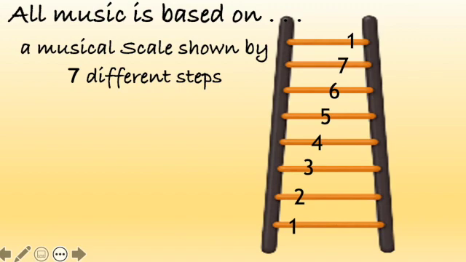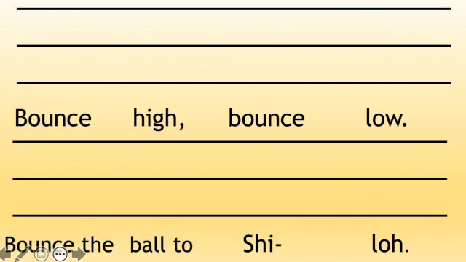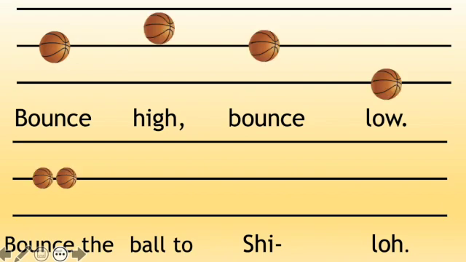All right, let's move to my song. I'm going to sing the song as you see my balls bouncing on the lines and spaces. Bounce high, bounce low, bounce the ball to Shiloh. Do you suppose that you could sing that with me?